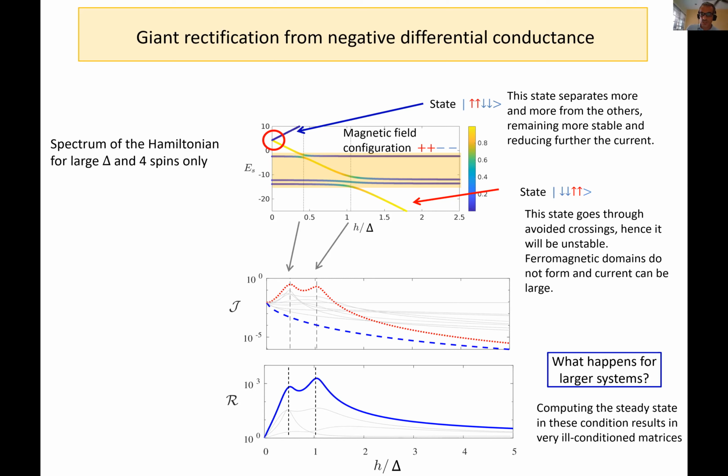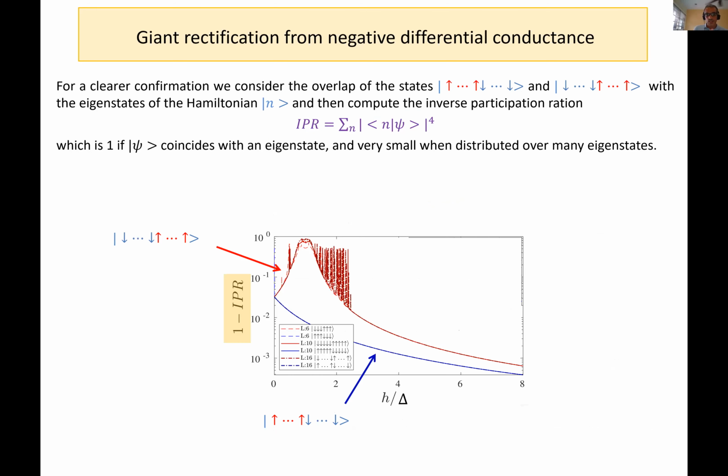So it's very difficult to go to long times. But to get insight for large system sizes, we can still look at the main physics, which happens in the bulk, in the Hamiltonian of the system.